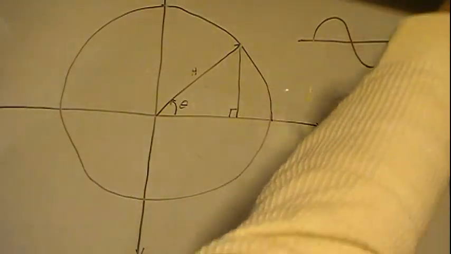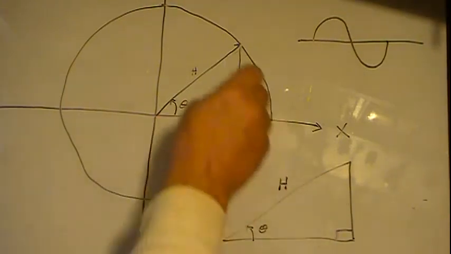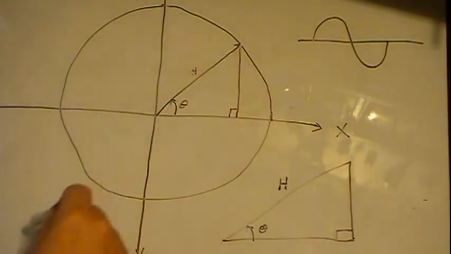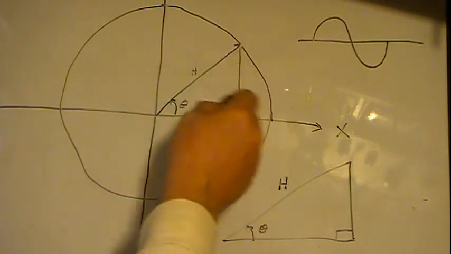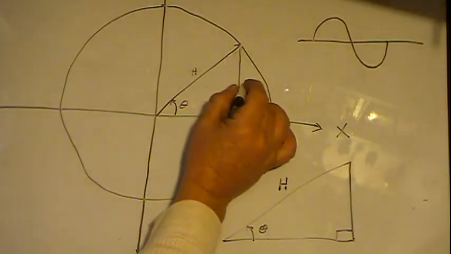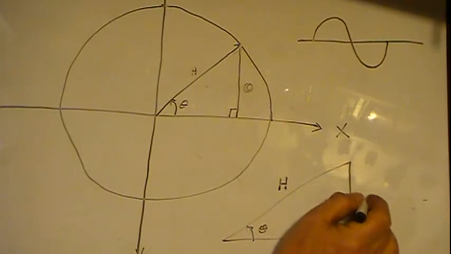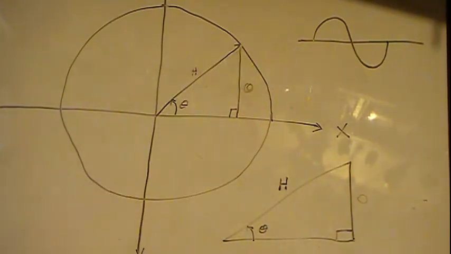So that's how the two relate, because the triangle is actually just inherently inside the circle. And so the opposite side, O, is this line.